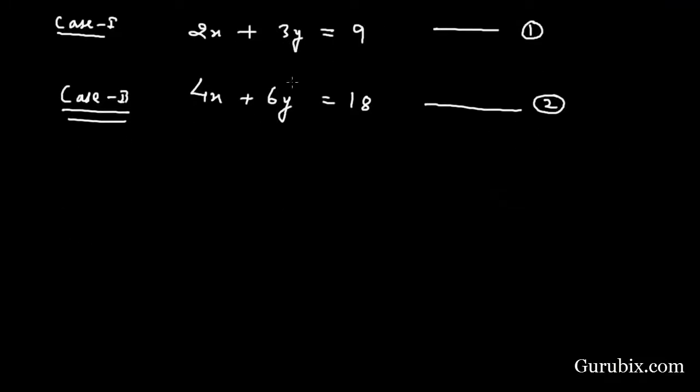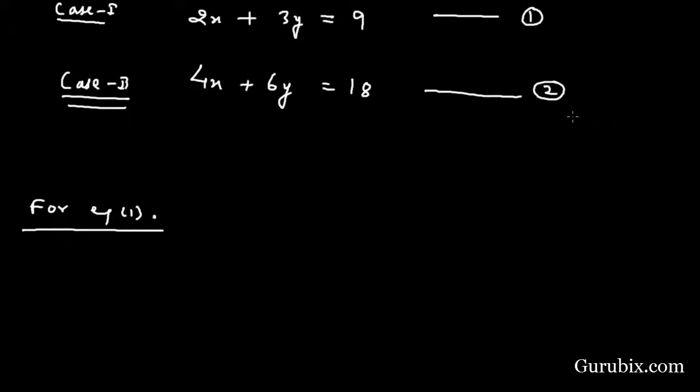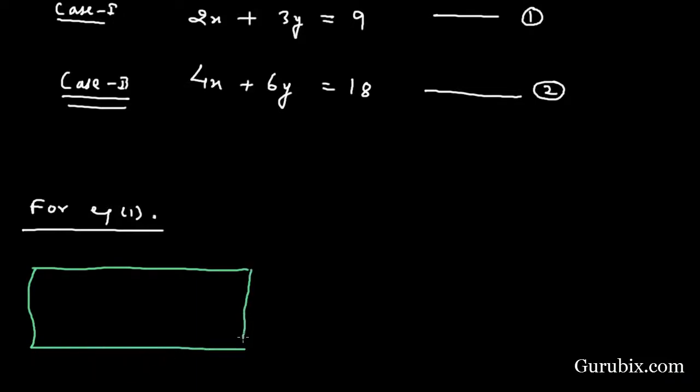For that, first of all, we shall draw a table for equation number 1. We shall draw a table which contains at least 2 solutions of the given equation, and this is the solution table.